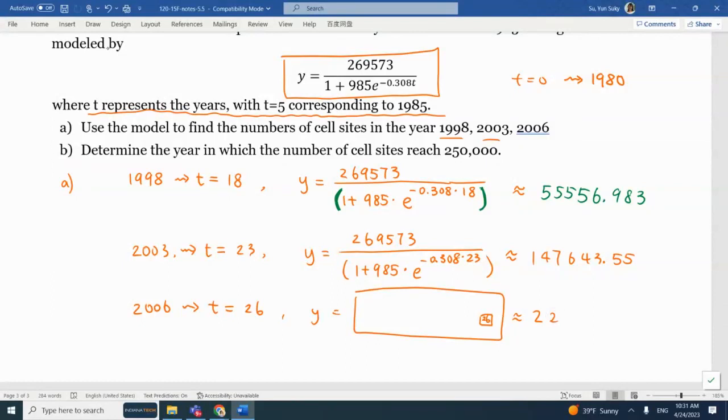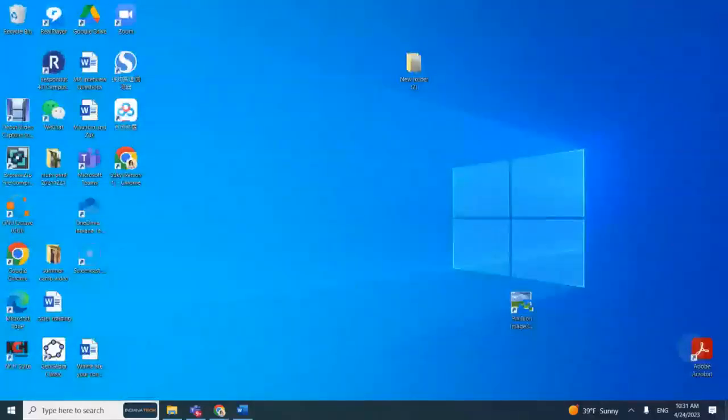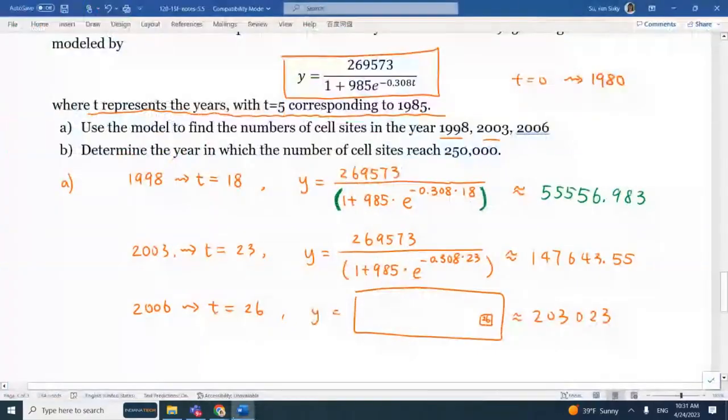So it's 203,000. Yeah. And if we keep two decimal places, then what do we get? 63. Then that is 22, yeah. Okay, thank you.